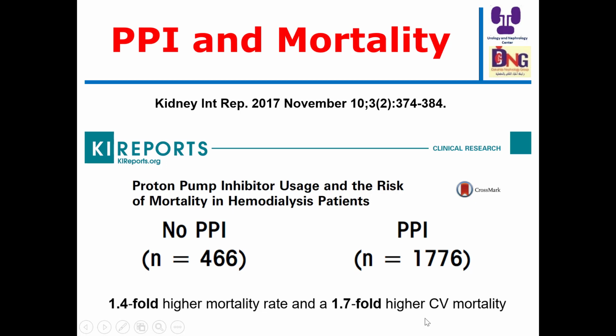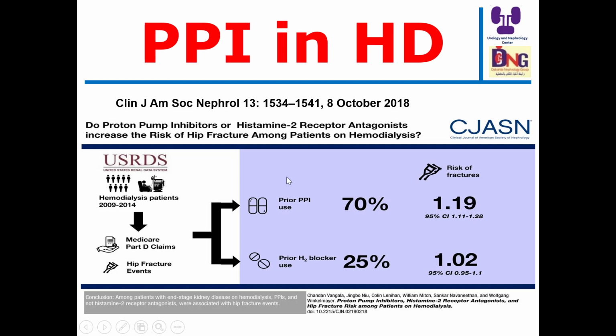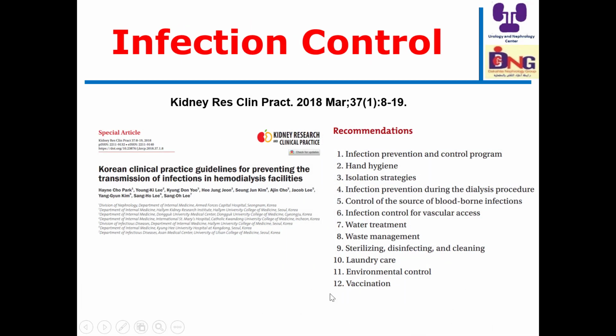So we should advocate restricting PPI use to critical indications. And another study shows that in comparison to H2 receptor blockers, proton pump inhibitors are associated with increasing risk of fracture.